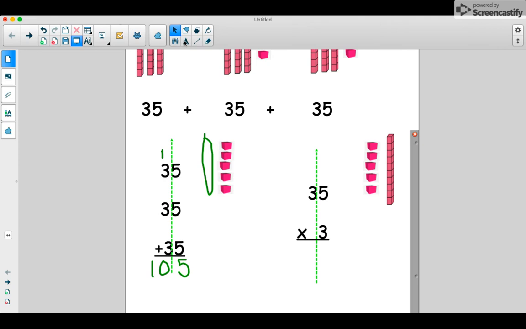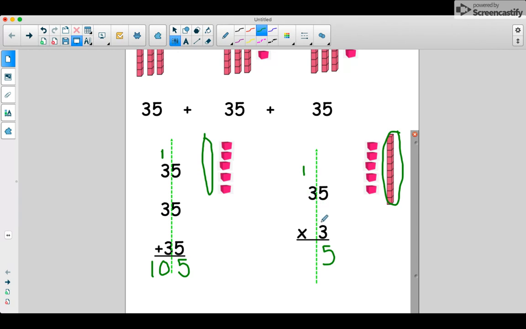Same as addition, I'm going to write my 5 1s in my 1s place, and then this 10 right here is going to go over here. So I did 3 times 5 was 15. So here's my 1 in my 10s place from the 15, and here's my 5 in my 1s place. Now I need my 3 groups of 30. Since it's already in my 10s place, I'm going to think of it as 3 times 3. So 3 groups of 3 would be like adding 3 times.